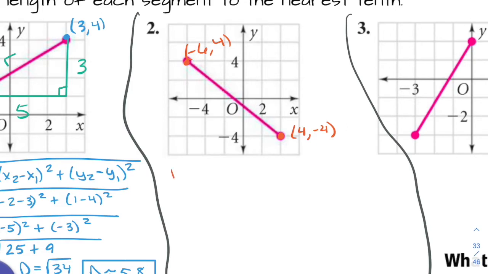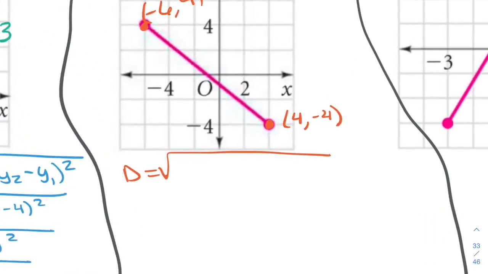So distance equals the square root of, to save time, I won't rewrite the equation, but I'll do negative 6 minus 4 squared plus 4 minus negative 4 squared. Remember, I'm going from negative 6 to 4, so negative 6 minus 4. So you got to go back here, 4 minus negative 4.